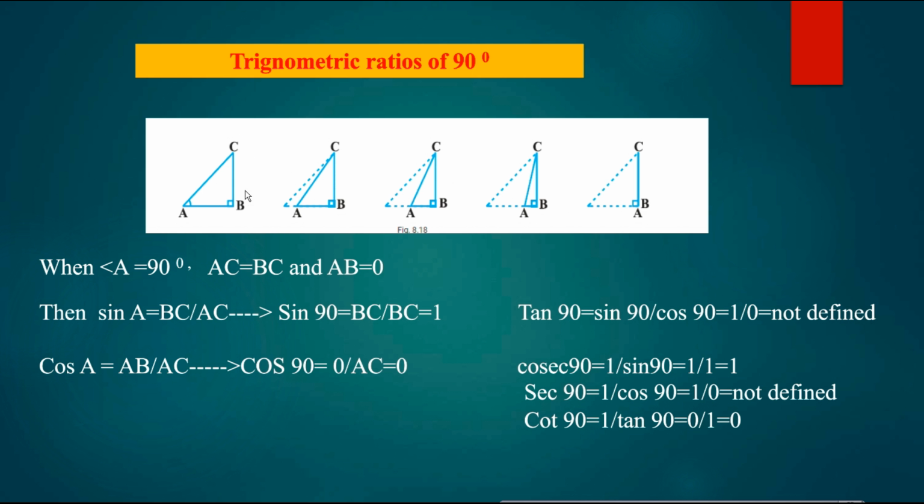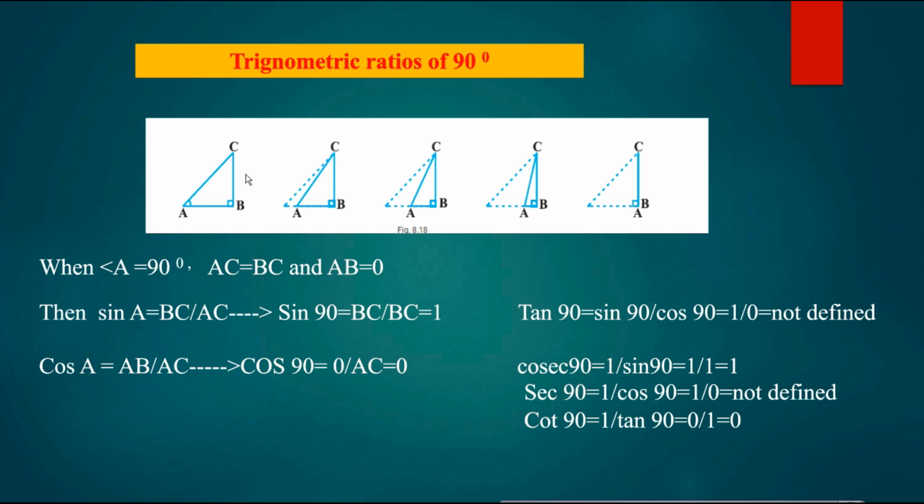That time what happened? This AC coincides with BC, that is AC equal to BC, and what is AB? Now AB becomes 0. There is nothing here. So when A is 90 degree, AC equal to BC and AB equal to 0. Now find out the trigonometric ratios.